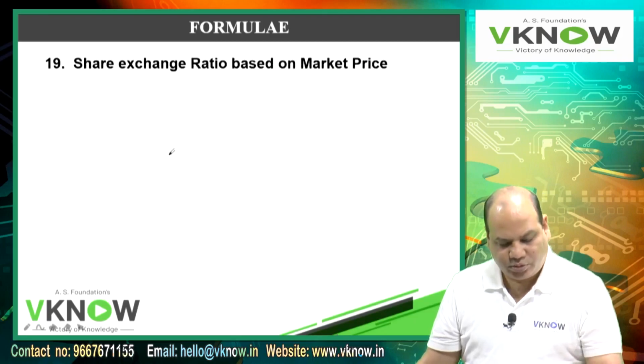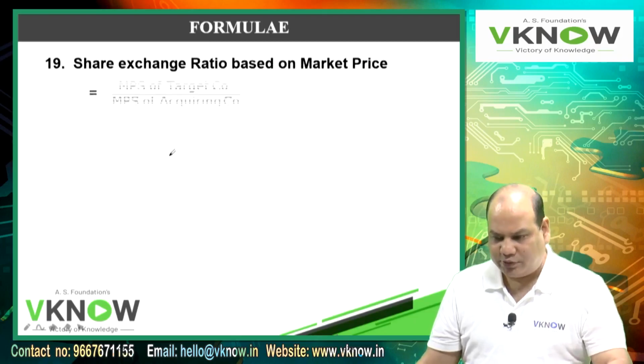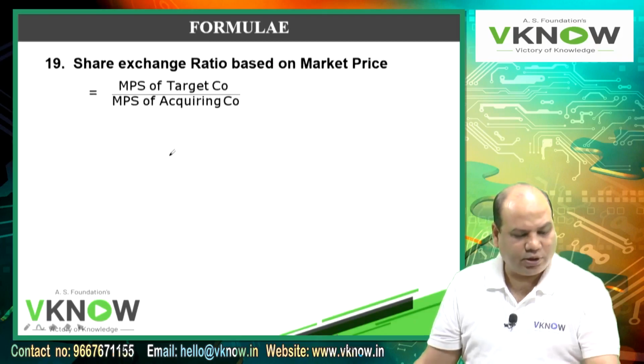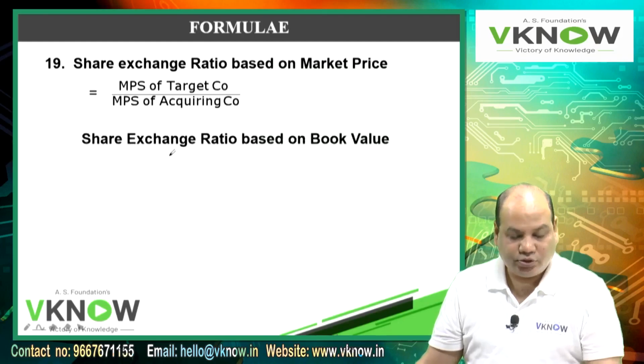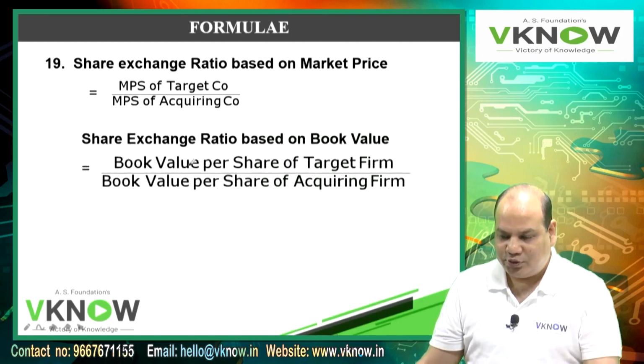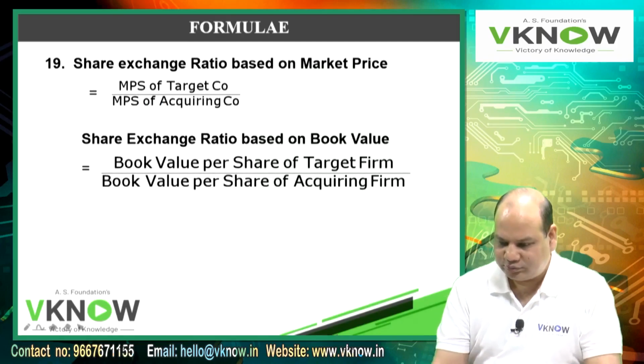Share exchange ratio based on market price is market price of target company upon market price of acquiring company. Share exchange ratio based on book value is book value per share of target firm upon book value per share of acquiring firm. And you add one more thing here.